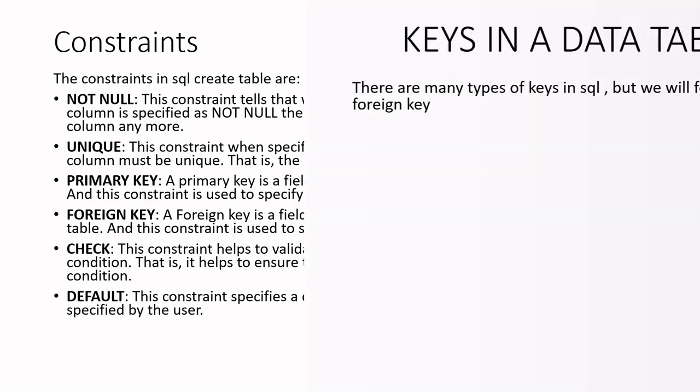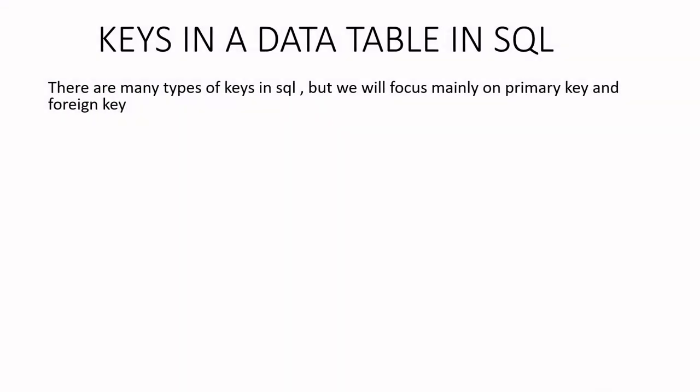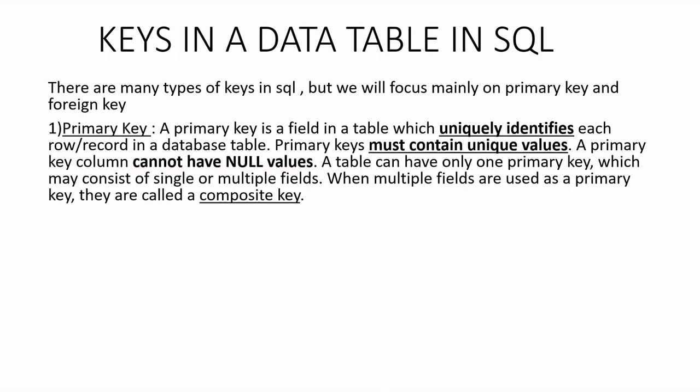Now let's further look into the keys. There are many types of keys like candidate key, super key, but we'll focus mainly on primary key and secondary. First, what is a primary key? As I told, primary key is a constraint which gives a representative column to the entire data table.